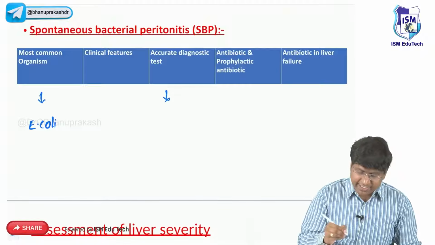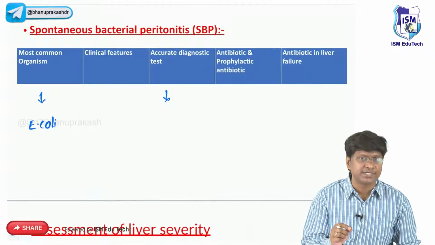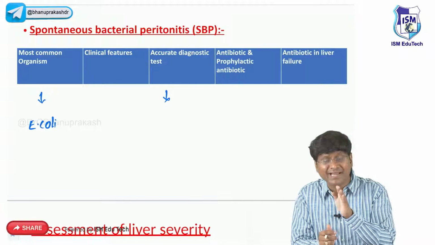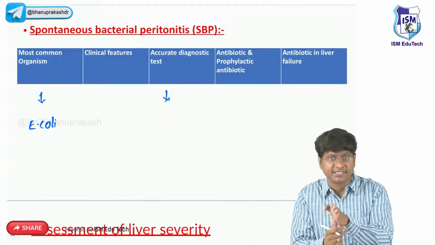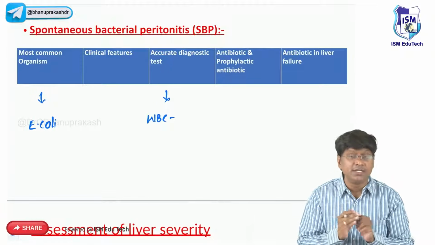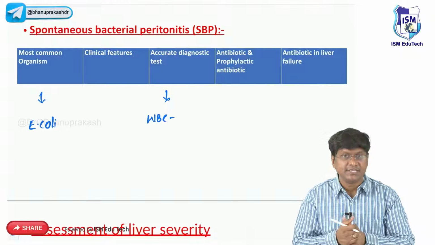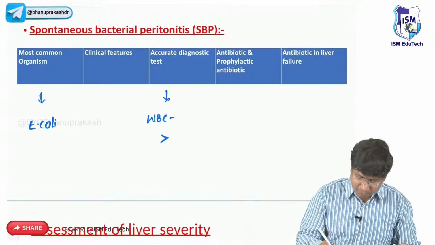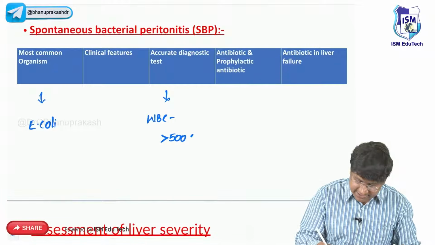Now, what is the accurate diagnostic test? The accurate diagnostic test is paracentesis, right? In that paracentesis, the level of the WBC will be more than 500 cells per cubic millimeter.